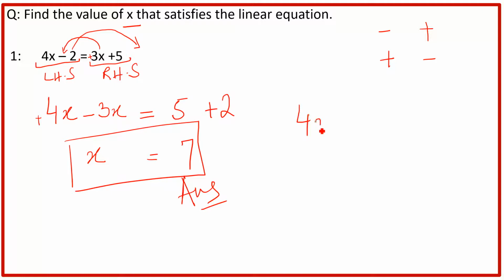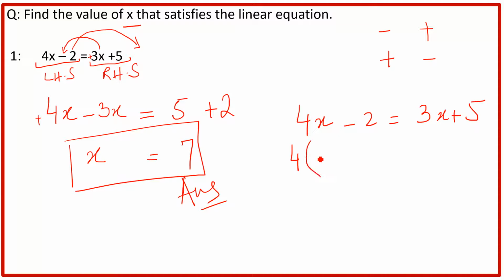How you will check it: 4x minus 2 equal to 3x plus 5. This is our question. Now we know that the value of the variable x is 7. So put this 7 wherever you find x in this equation. We have x here and x here. And what is the relation between 4 and x? Multiplication, right?